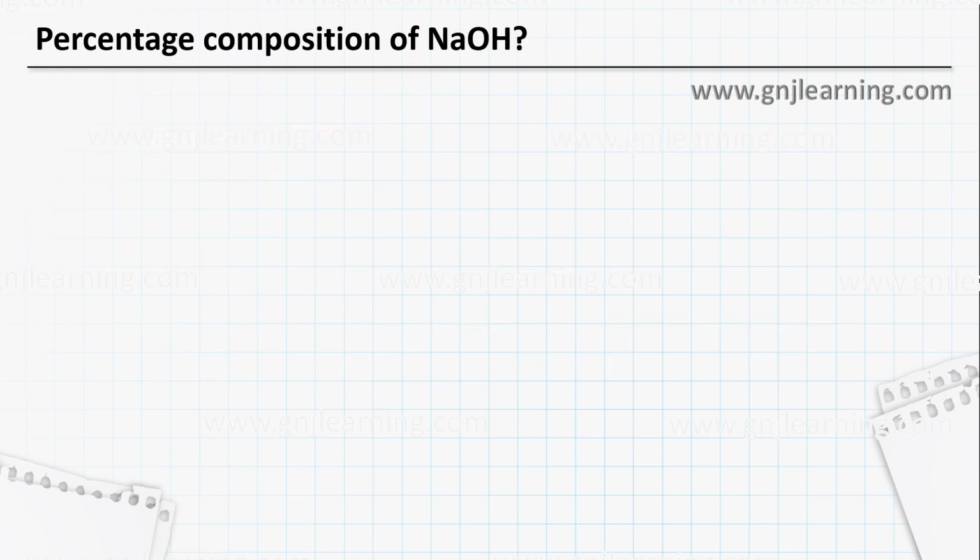So what is the percentage composition of NaOH? What are the different atoms in this compound? We have sodium atom, we have oxygen atom, and we have hydrogen atom.